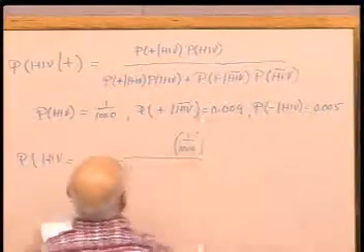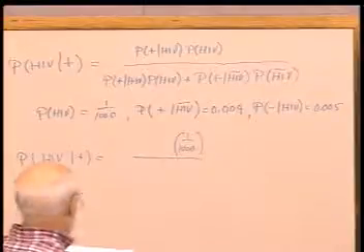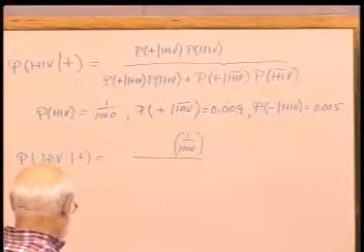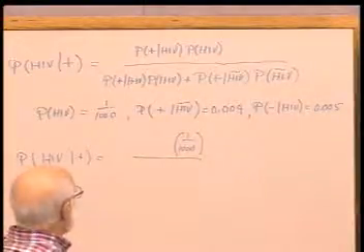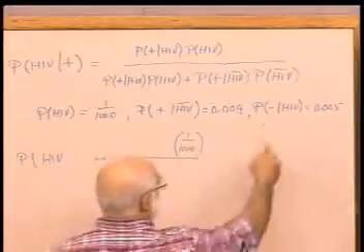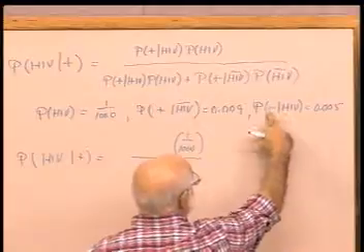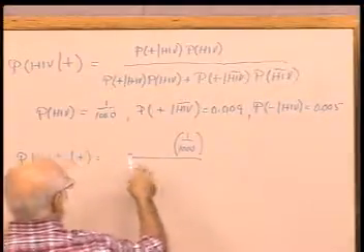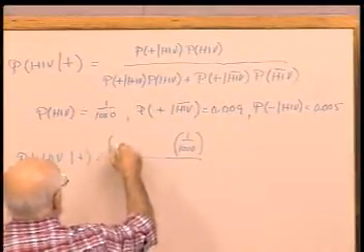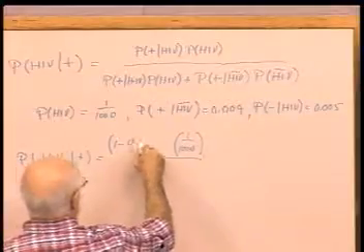That's that guy. What's the probability that if I have HIV, I will in fact test positive? Well, it's 1 minus this, because if I have HIV, the probability that I test negative is 0.005, so the probability that I test positive would be 1 minus 0.005.